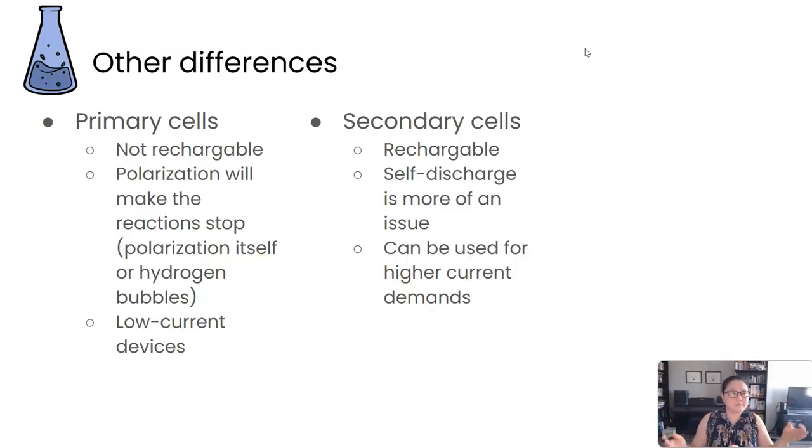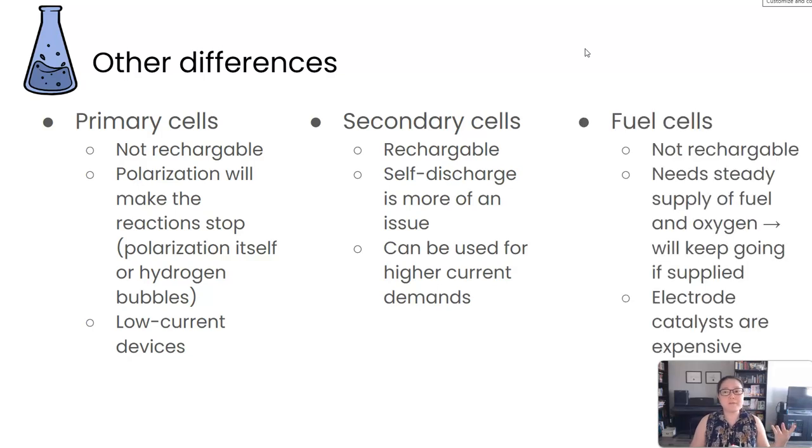And so if you leave a device that had been charged off for a long time, you might find when you turn it on again, the battery has gone down a bit. Well, this is because of that self-discharging issue that secondary cells can have. That being said, secondary cells can be used for devices that demand a little bit higher of a current.